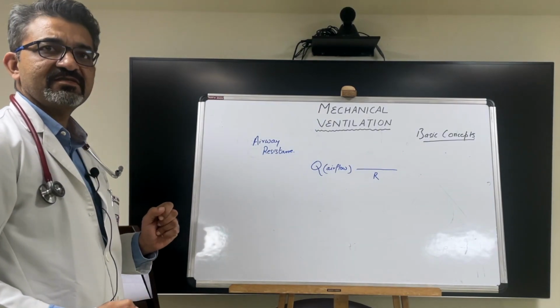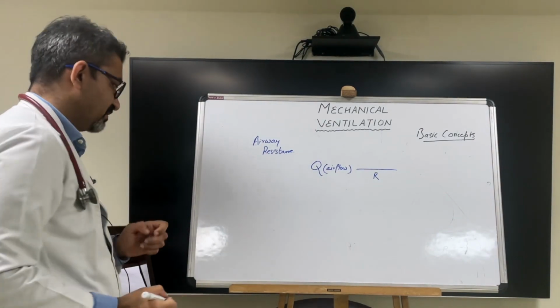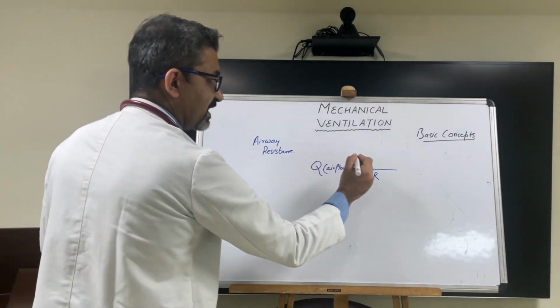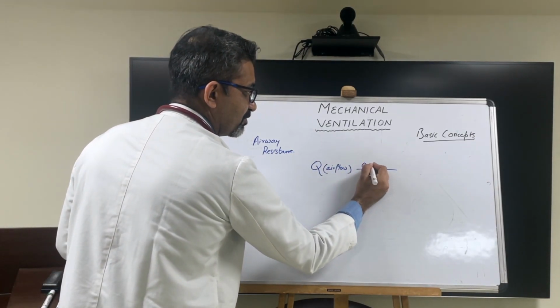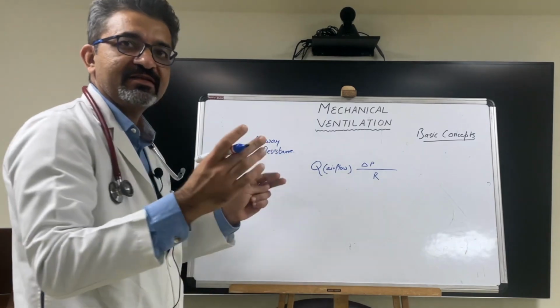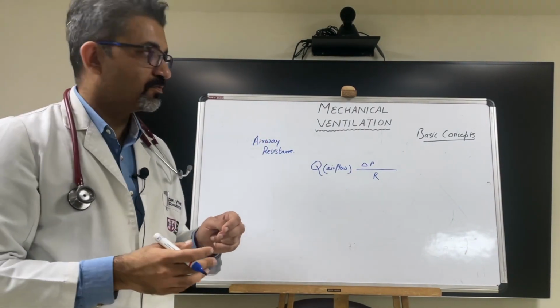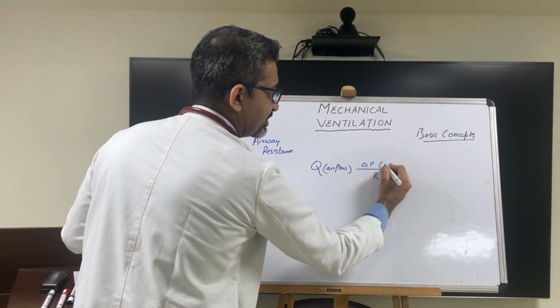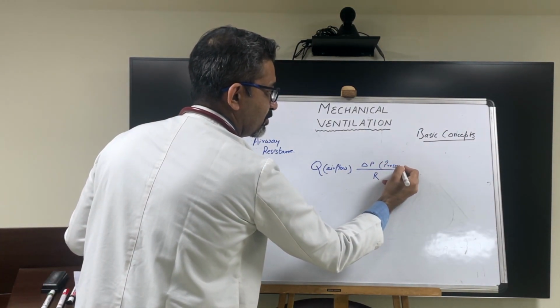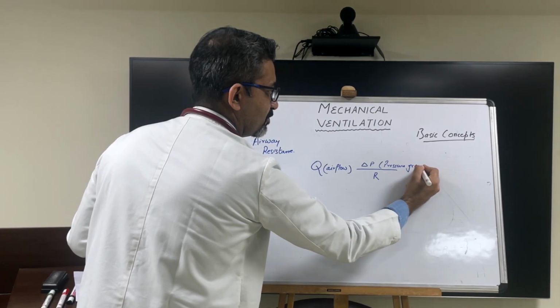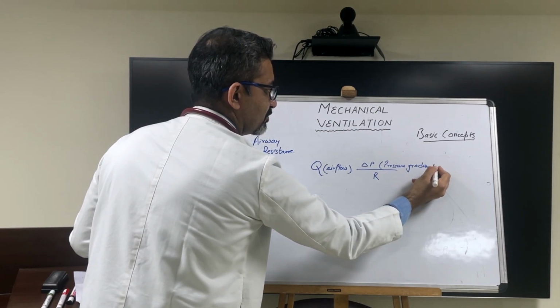The higher the resistance, the lesser the flow. It is inversely proportional to the resistance and directly proportional to the pressure gradient. The higher the gradient, the faster the flow. So this is the pressure gradient, and this is resistance.